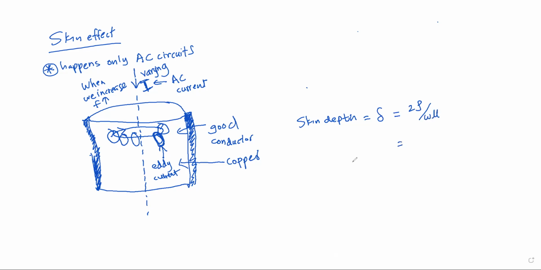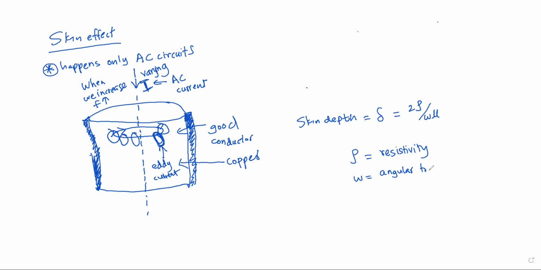The value of rho is the resistivity of the cable to the current conduction. Omega is the angular frequency.